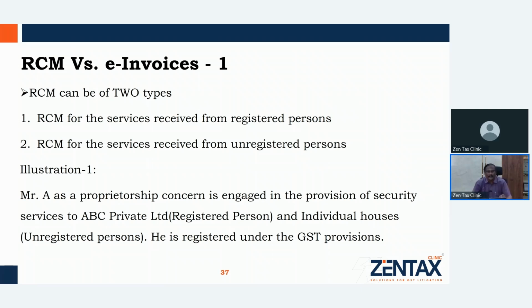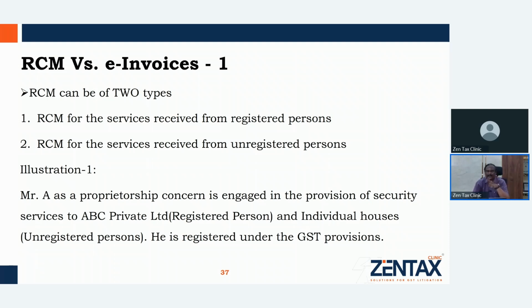See, security services are liable under reverse charge when received by a registered person. If the provider is a proprietorship concern or a partnership concern, then it has to be discharged by the other person, another corporate entity. So A is a proprietorship concern.